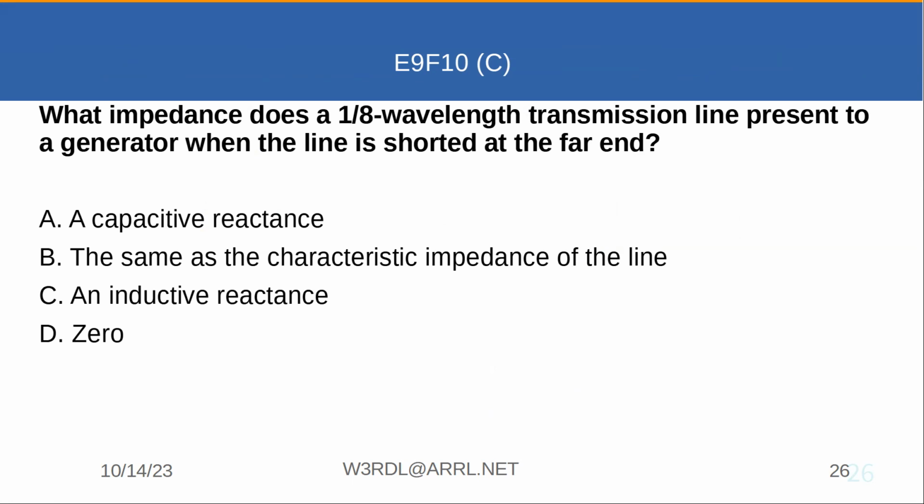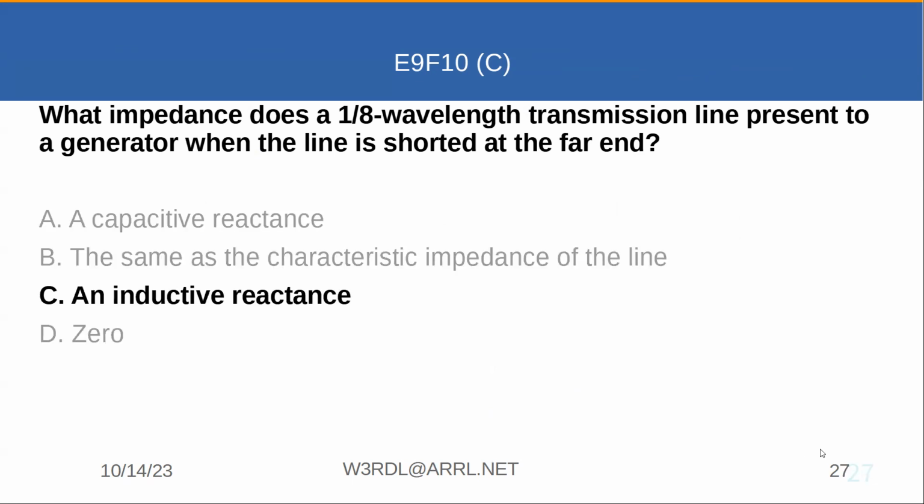Right. So that's inductive. For the shorted, you've got basically a continuous piece of wire, so it kind of looks like an inductor. Whereas if it's open at the end, you think of two blades of a capacitor separated from each other. That's all correct. That's a good way to think of it.